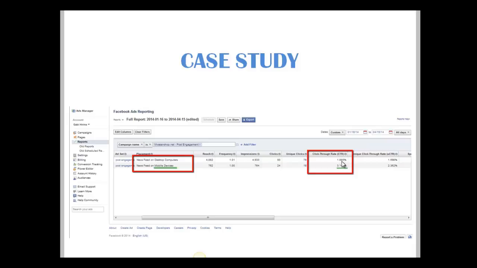Now, that doesn't mean that I'm going to quit on those people from desktop computers. Obviously, the reach is much bigger, and I get more clicks from those people, even though the click-through rate is almost half of the other one. So I'm happy with both these click-through rates. I'm going to stay with them.